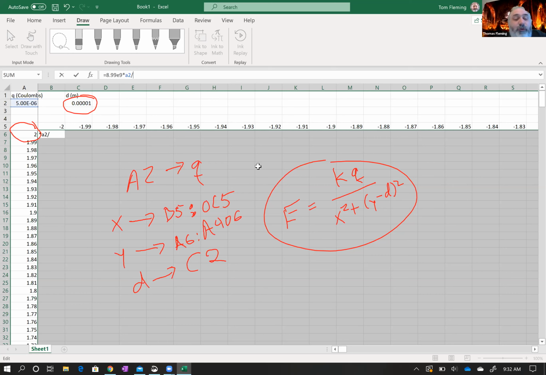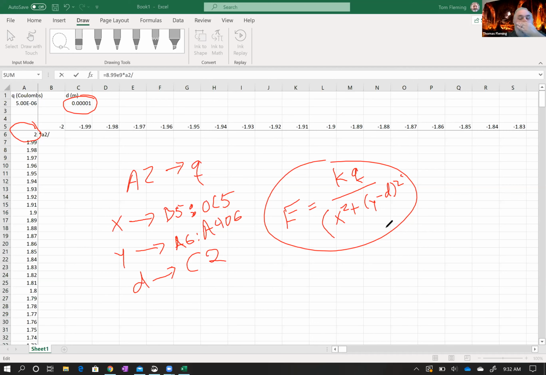I need it to do the entire denominator before it does the division. So that means I need to put a set of implied parentheses around the denominator. Anytime you have anything complicated in the denominator of a fraction, you have to do that.